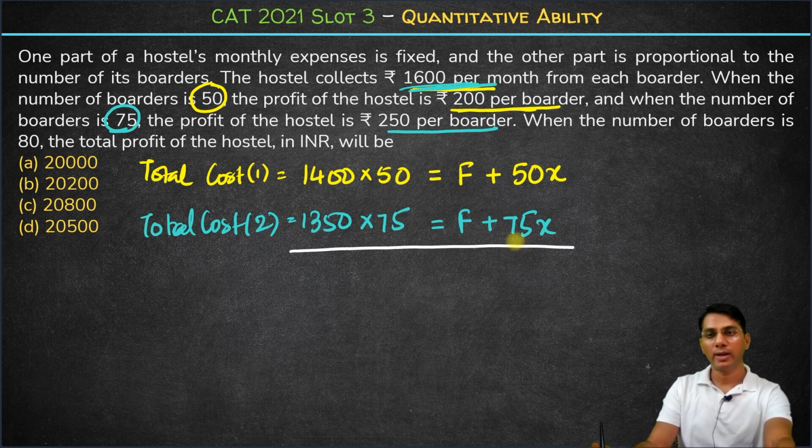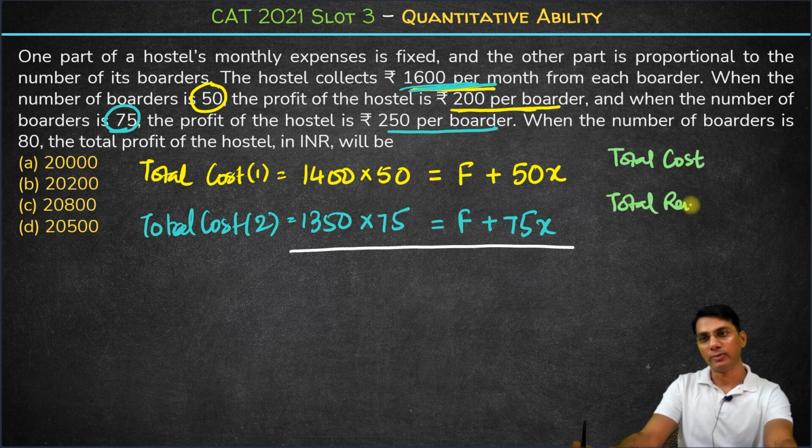And now what we need to calculate is, if the number of boarders is 80, what is the total profit? Okay, so for that we need to know the total cost and we need to know the total revenue for 80 boarders. For total cost, we need to know the value of F plus 80x, right?